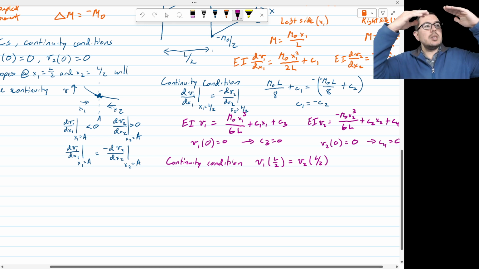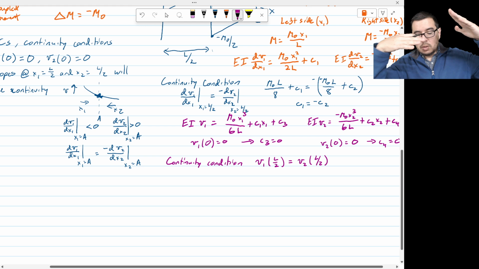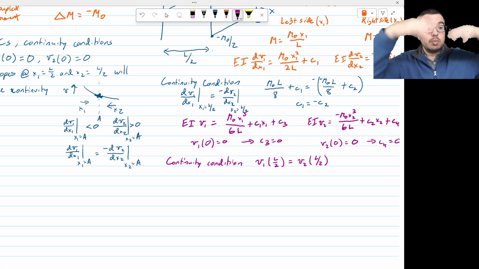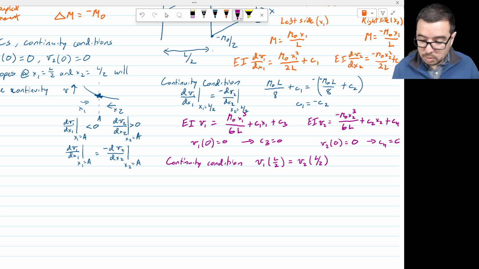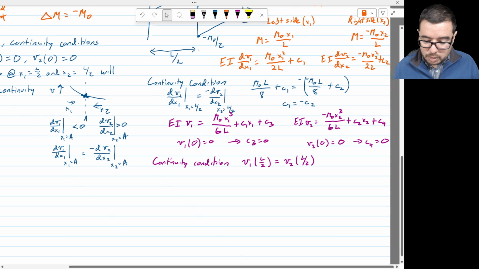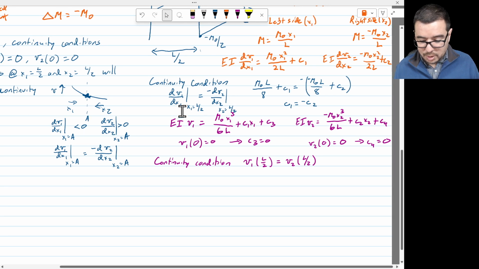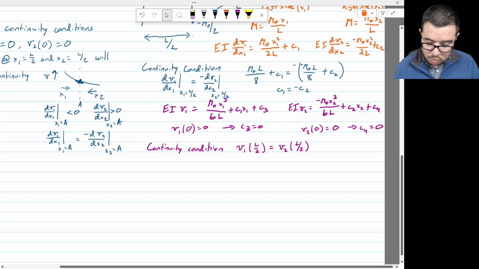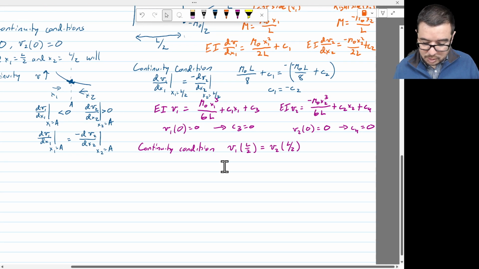In this case, it's not a slope situation, it's just that that is where they are going to be equal to each other. So we can plug in those values here and set these two equations equal to each other.